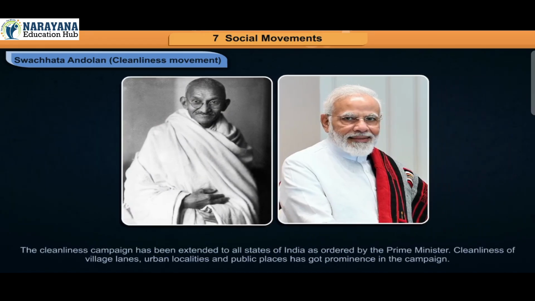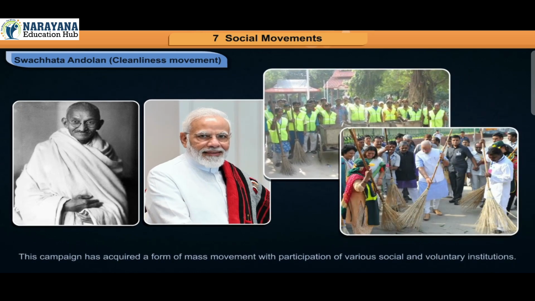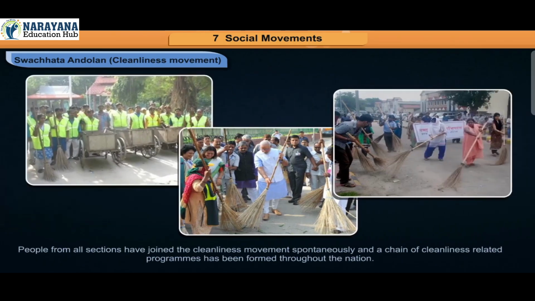The cleanliness campaign has been extended to all states of India as ordered by the Prime Minister. Cleanliness of village lanes, urban localities, and public places has got prominence in the campaign. The campaign has acquired the form of a mass movement with participation of various social and voluntary institutions. People from all sections have joined the cleanliness movement spontaneously, and a chain of cleanliness related programs has been formed throughout the nation.